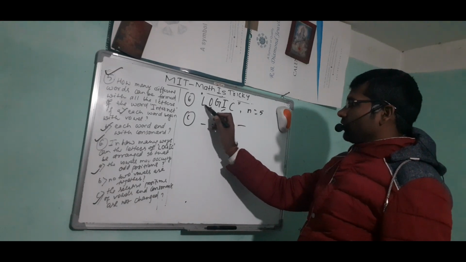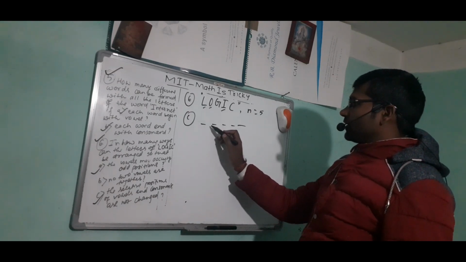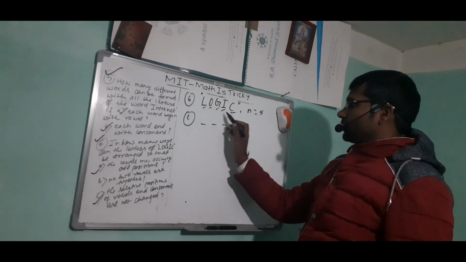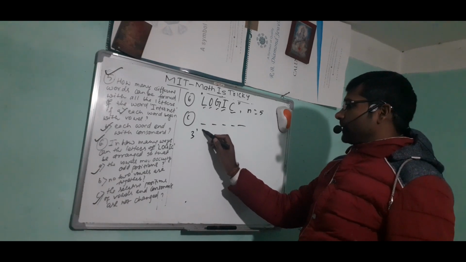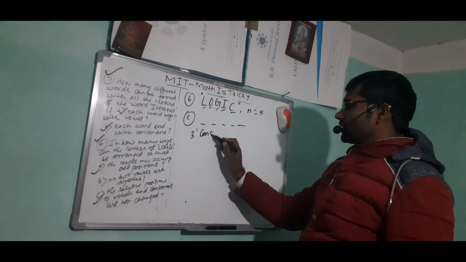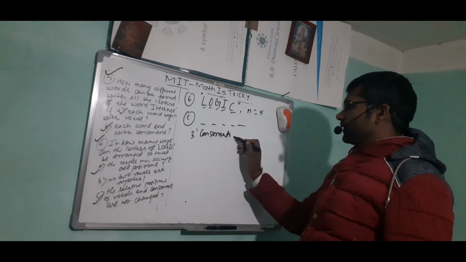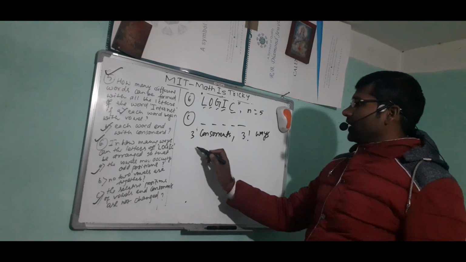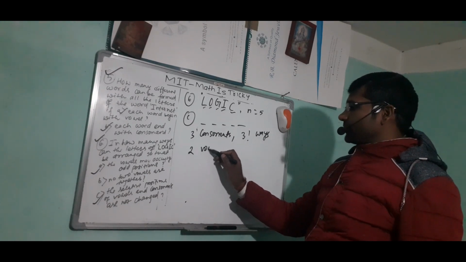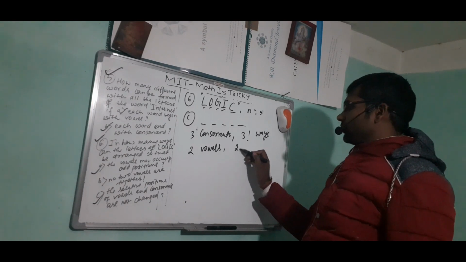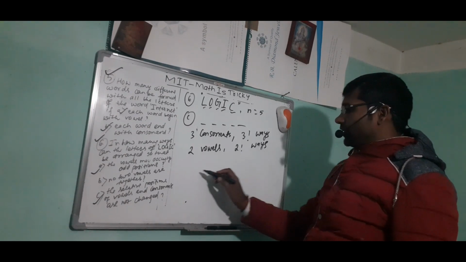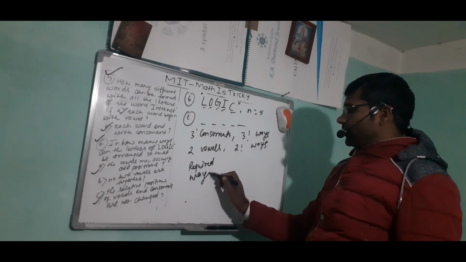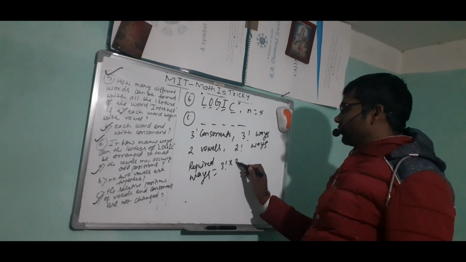So there are 3 consonants, they can be arranged in 3 factorial ways, and 2 vowels in 2 factorial ways, and required ways will be simply 3 factorial into 2 factorial.